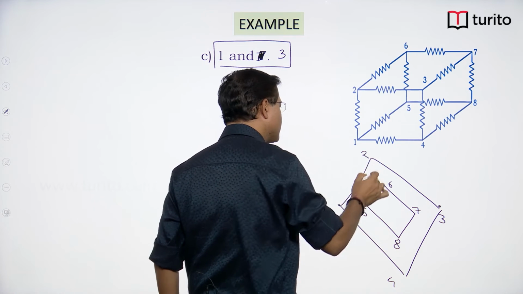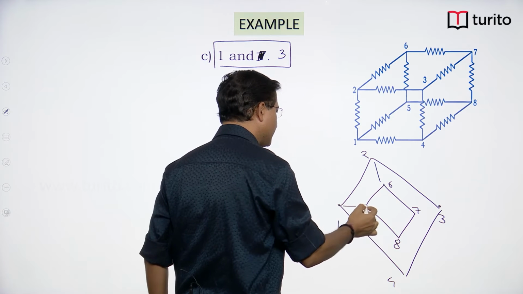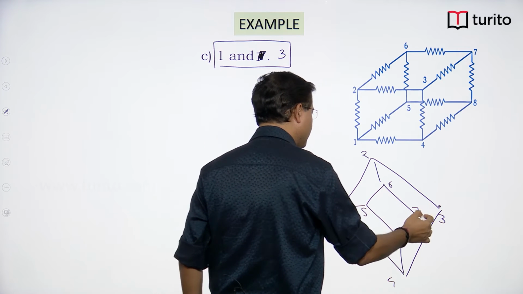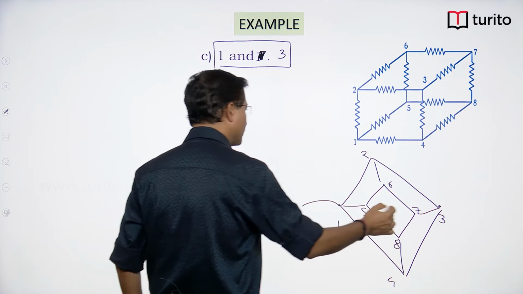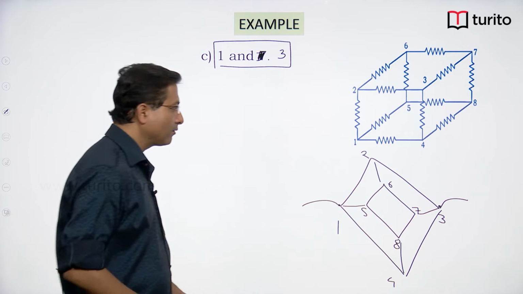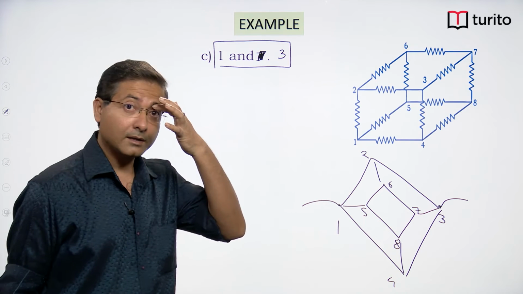There is one resistor here, one resistor here, one resistor here, and one resistor here. Okay, across these 2 terminals, I want to find out equivalent resistance.